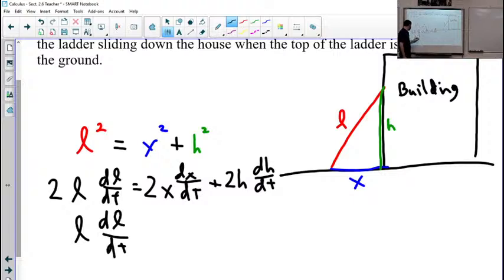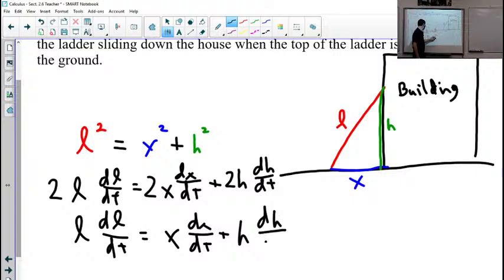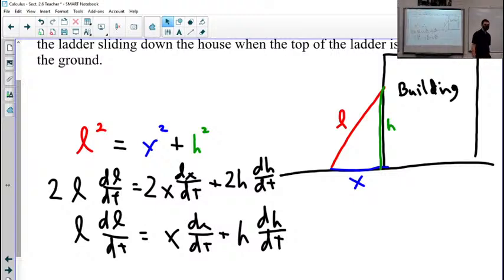And what I want you to do here is let's write down all the information that we know. We have L, dL dt, we have X, dx dt, we have H, dH dt. So that's 6 different variables here that we need to keep straight. My hope is that we know 5, and we're trying to solve for the 6th thing. So write down what each of those are.